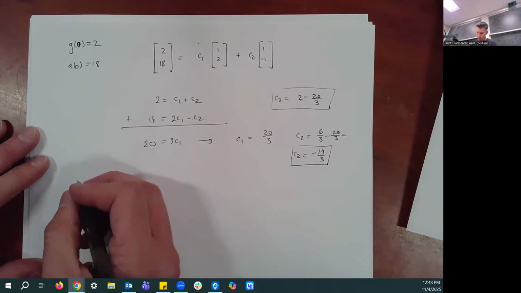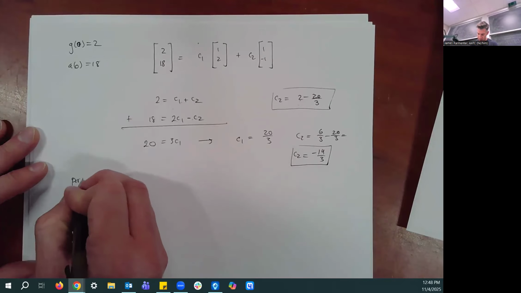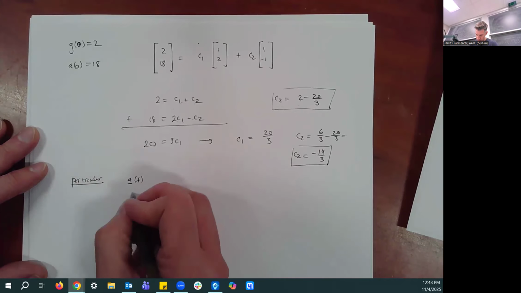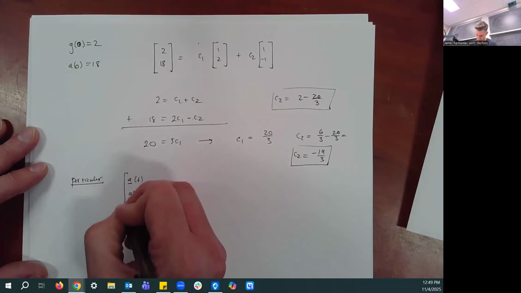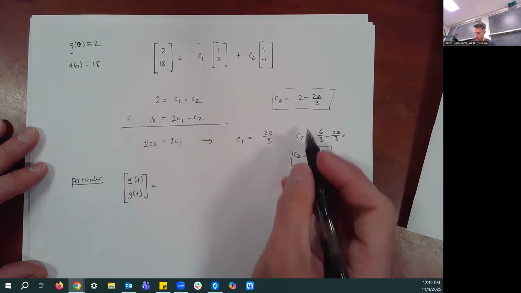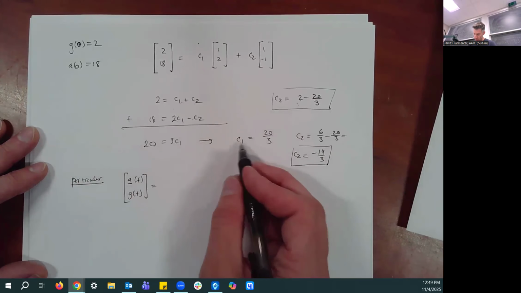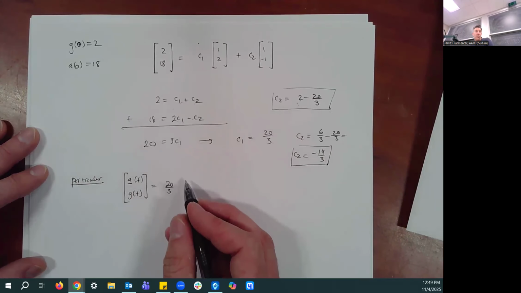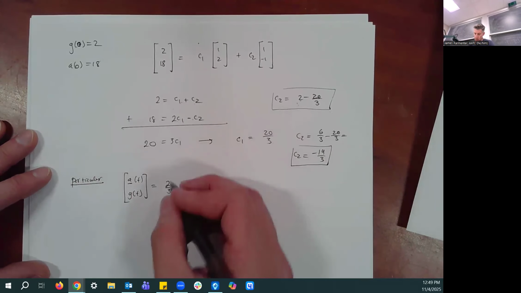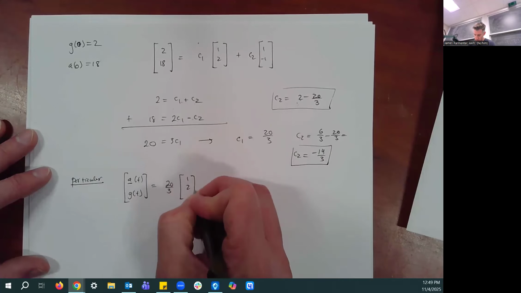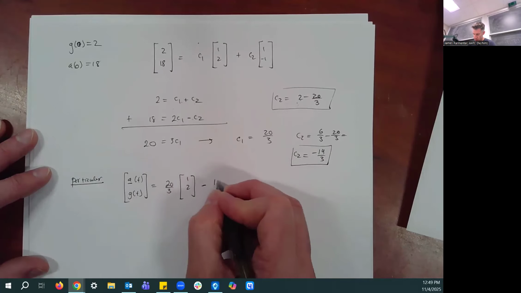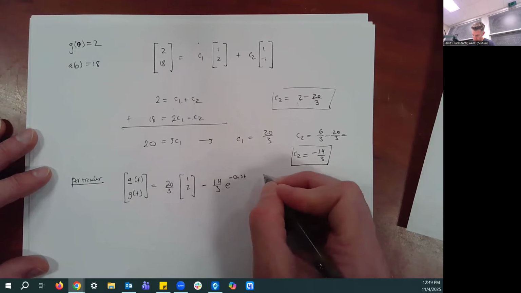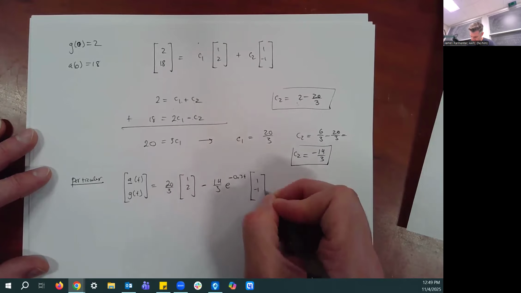So our particular solution here is going to be that G of t is equal to our C1, which is 20 thirds, times e to the 0t, which I'm not going to write because e to the 0t is just 1, times the vector (1, 2), plus C2, which is minus 14 thirds, times e to the negative 0.3t, times the vector (1, negative 1).